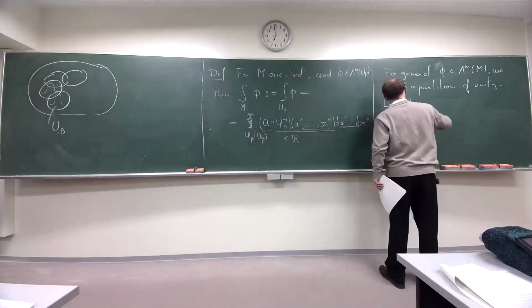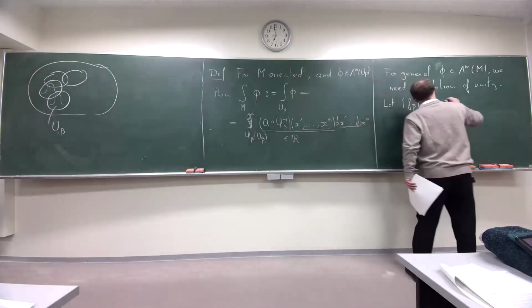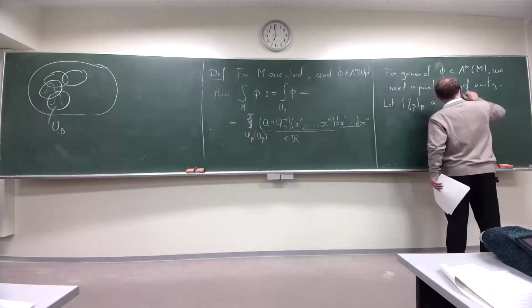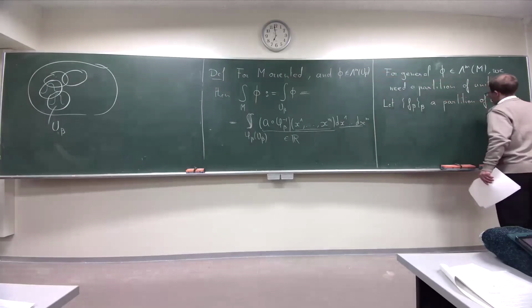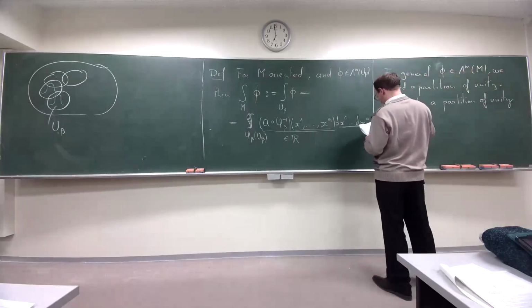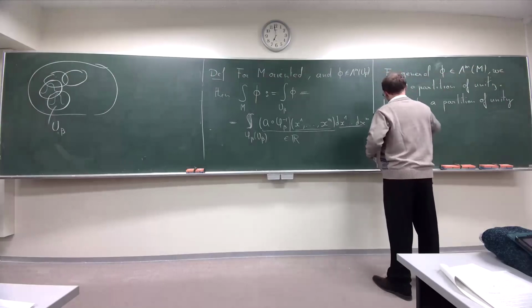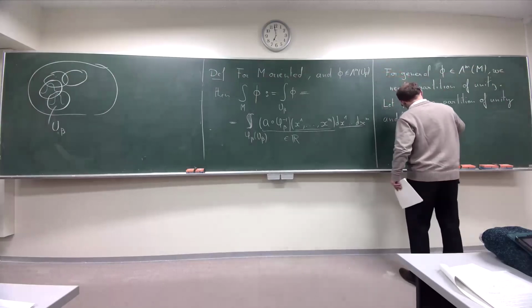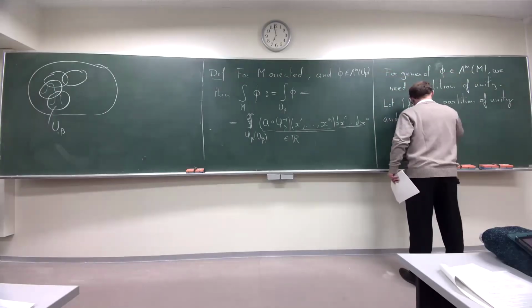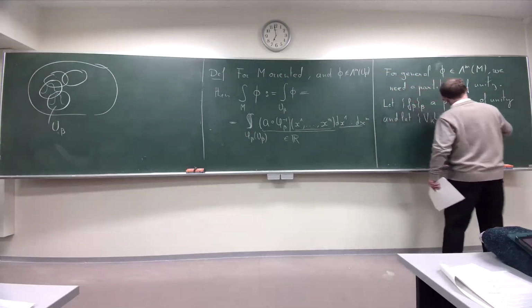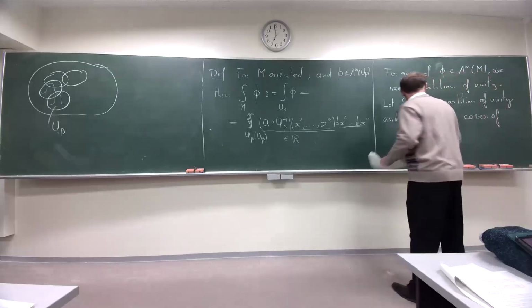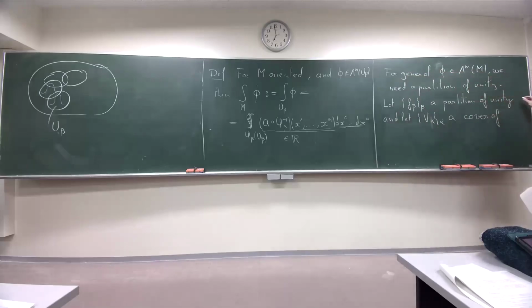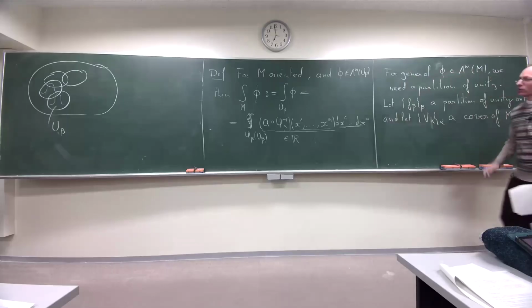I just take f beta, a partition of unity, and I take a family V alpha, a cover of M. So we have two ingredients.